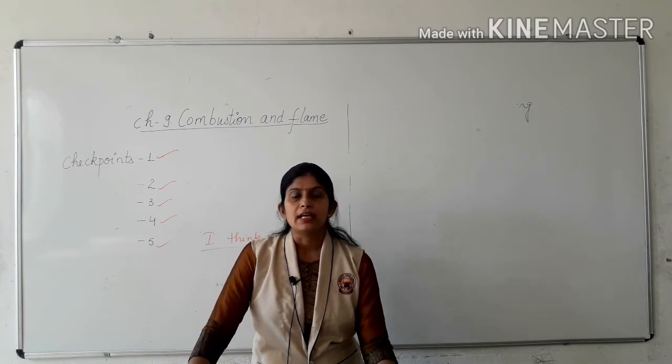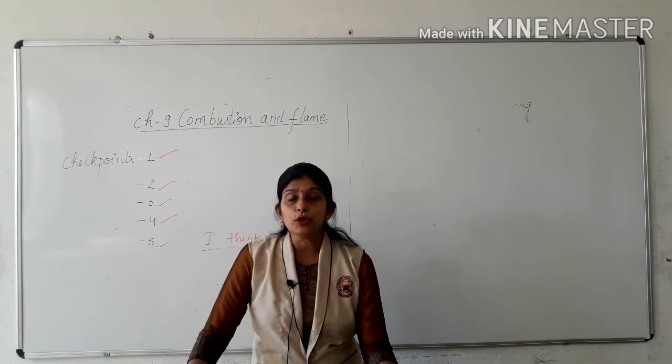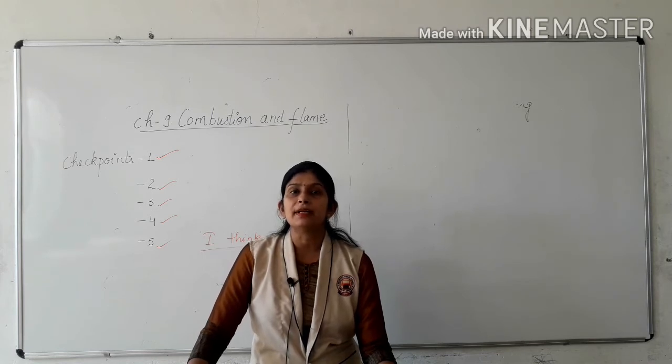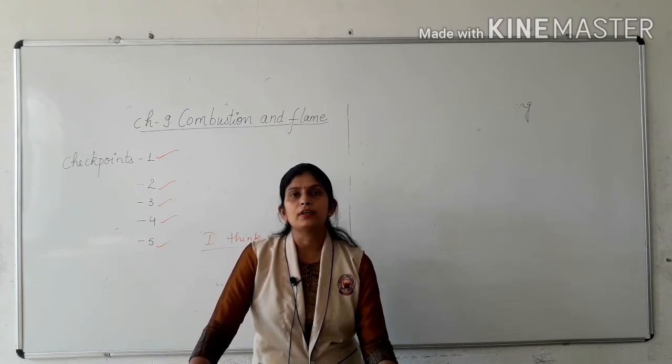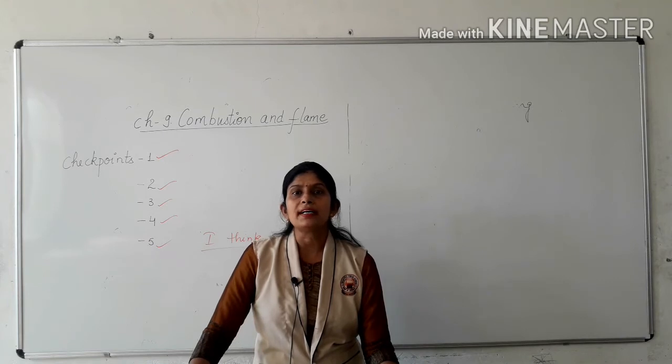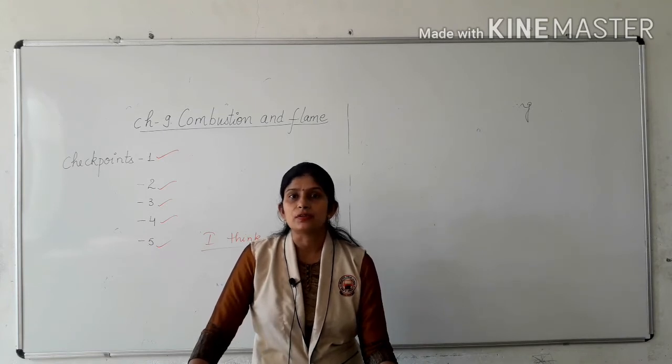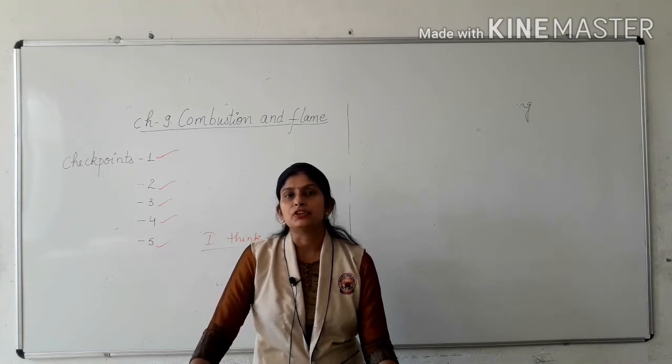Second point, as a result, a blue flame is produced in complete combustion, and in incomplete combustion, a yellow sooty flame is produced. Third point, no unburnt carbon particles are released in complete combustion.